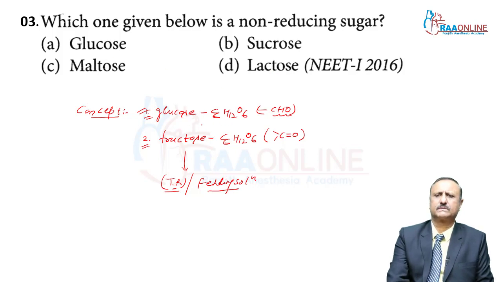So my dear students, only the configuration is different. So these all are reducing sugars because free aldehyde groups are present here. This aldehyde group is not present in sucrose because when sucrose is formed, a glycosidic linkage is present, with no free CHO group or OH group. That's why this is called a non-reducing sugar.